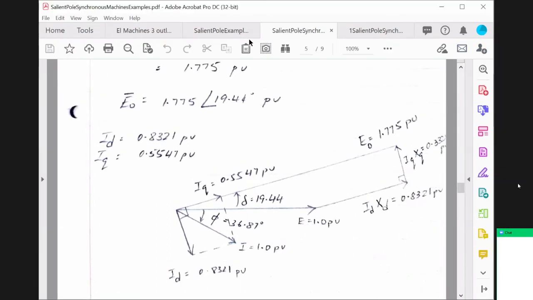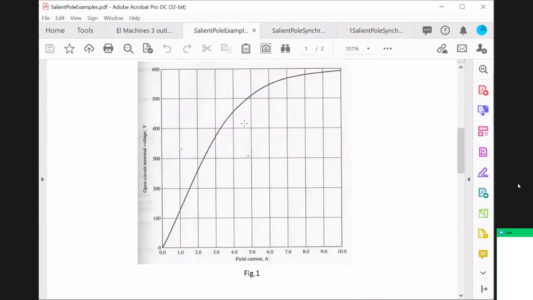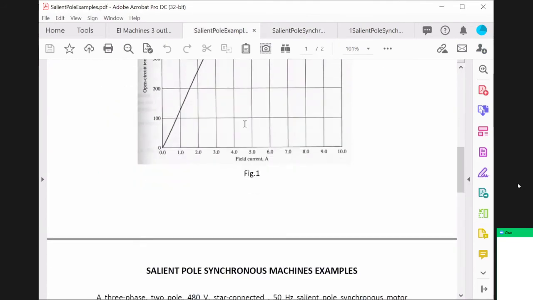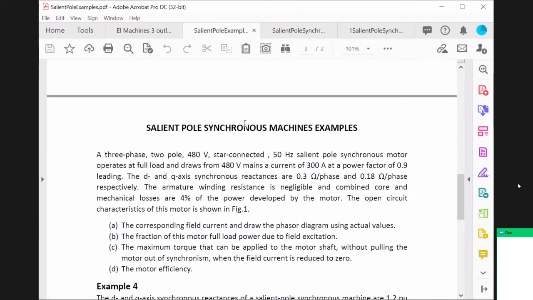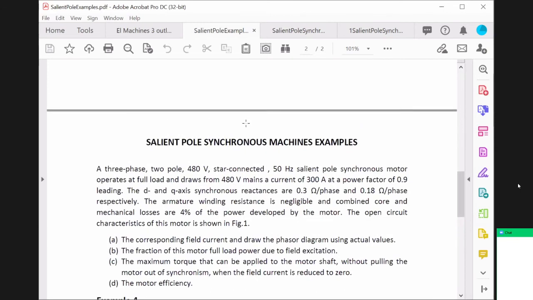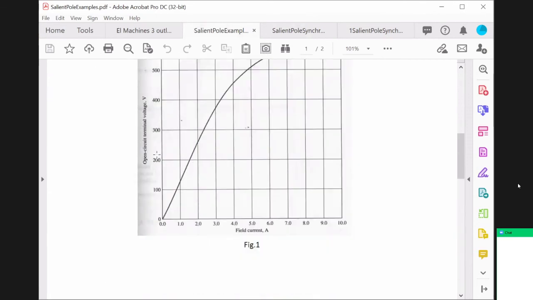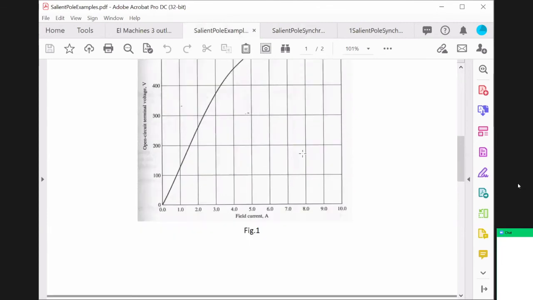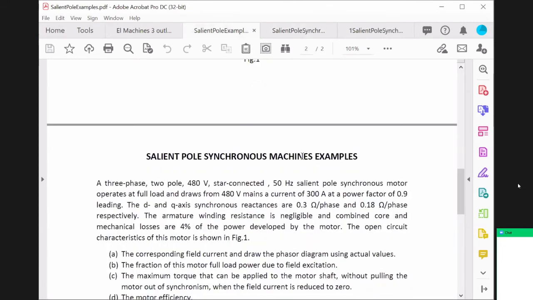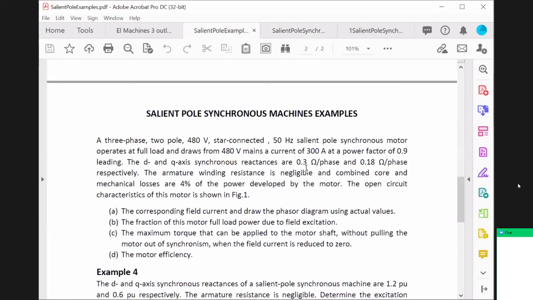which is example 3. All right, so in example 3, we've been given a certain machine where the open circuit terminal voltage is provided versus the field current. So that's your saturation curve. And you've been given the d-axis and q-axis reactances.